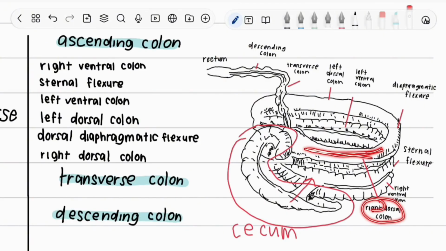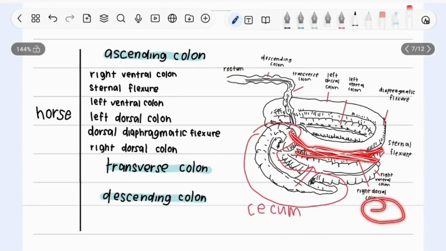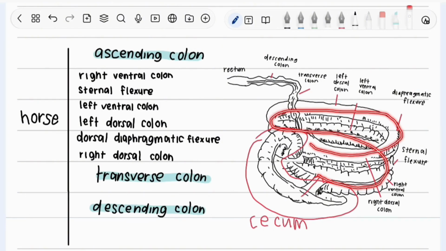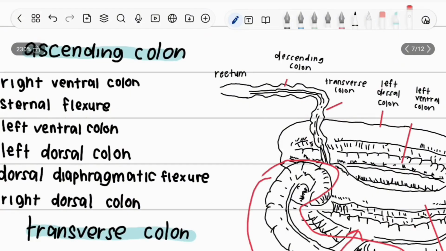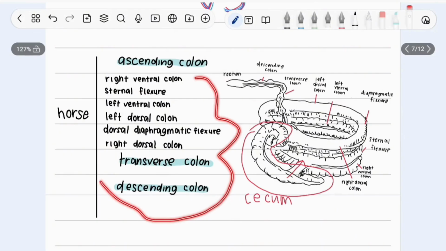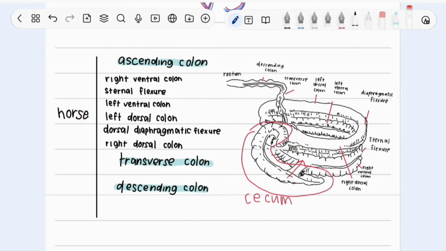This is the right dorsal colon here. Basically it's like a loop from here to here to here to here. Understand? And then the transverse colon and the descending colon. This is the rectum. So basically it's easy. You need to remember all of this. That's all.